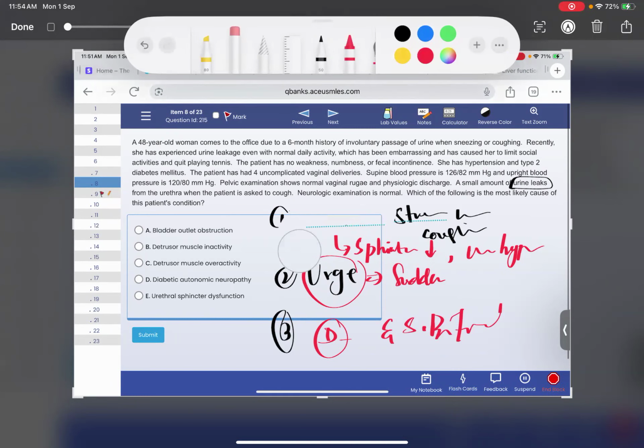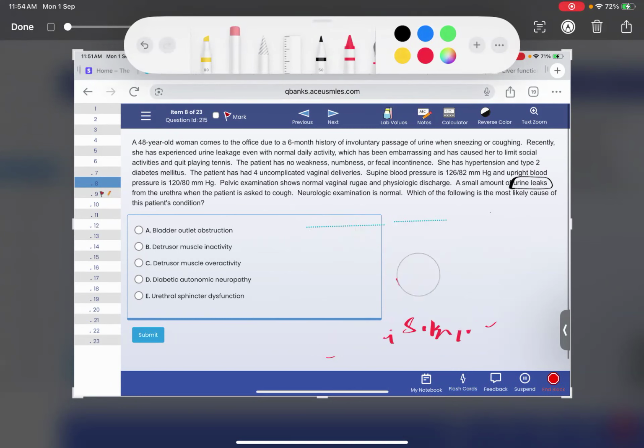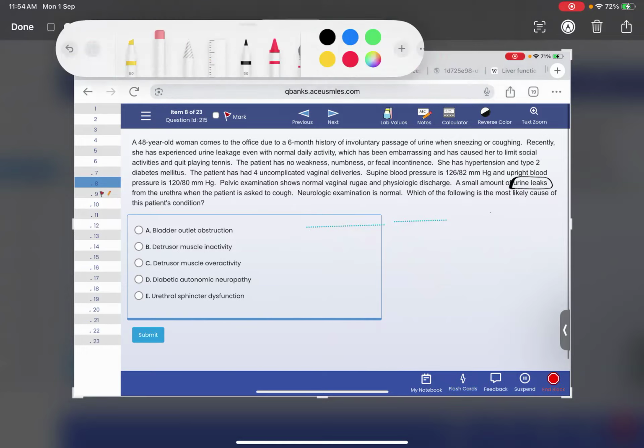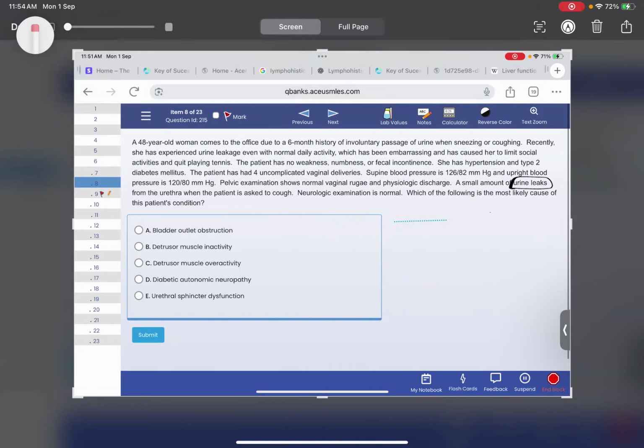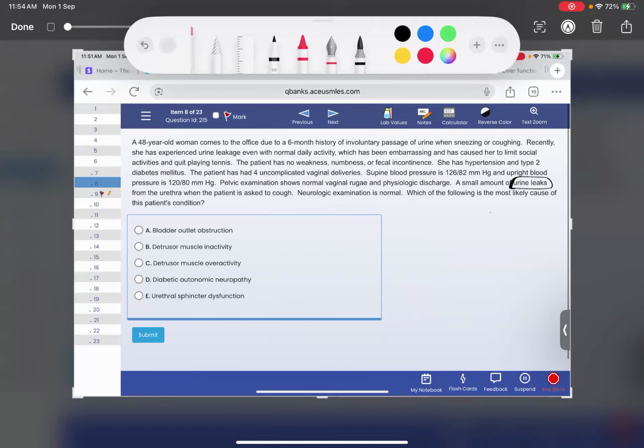So the question is very simple. She has the problem of urine leakage with increased abdominal pressure. So the problem here is urethral sphincter dysfunction. What about bladder outlet obstruction? BPH or any obstruction can cause overflow incontinence.